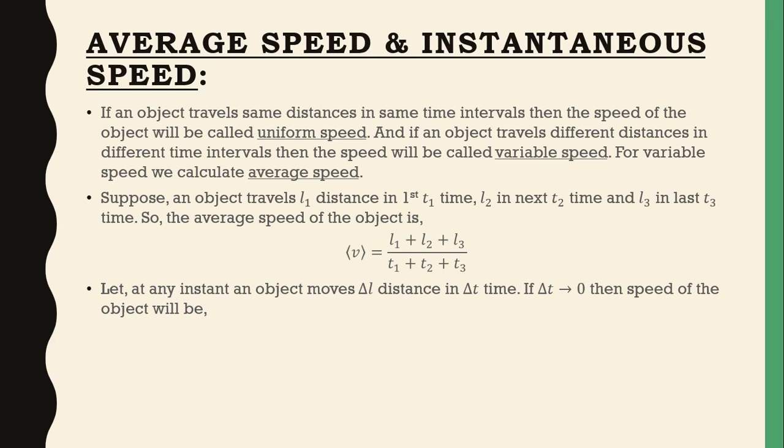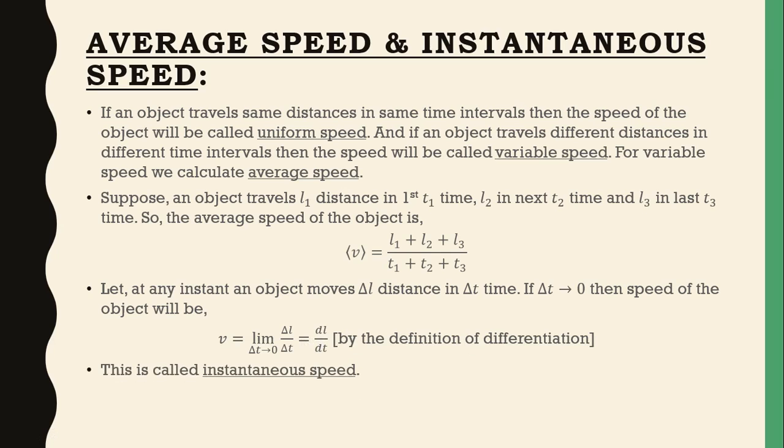Like if we consider del T as 0.001 second, then we can say that del T tends to 0. Here the speed of the object will be v equals limit del T tends to 0 of del L by del T, that is, by the definition of differentiation, we can write dL by dT. This is called instantaneous speed.